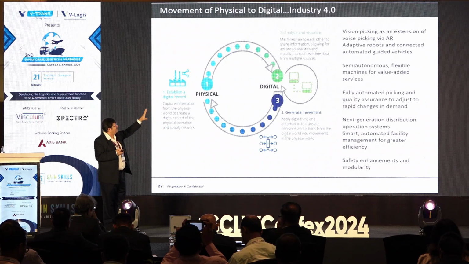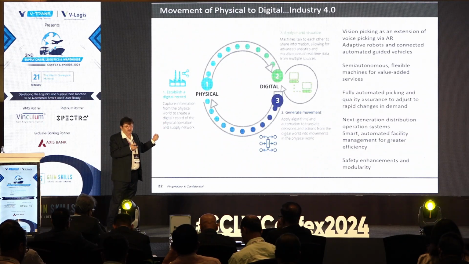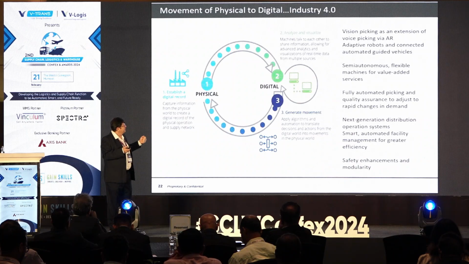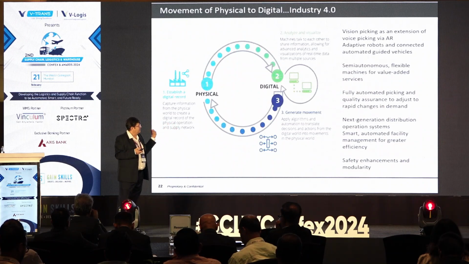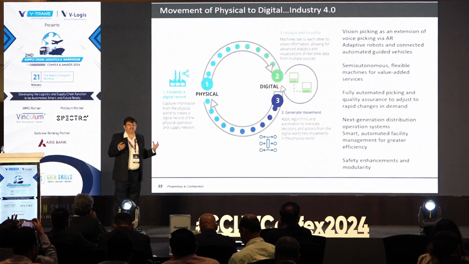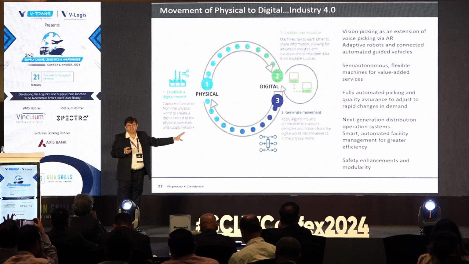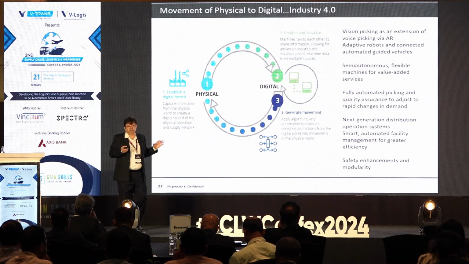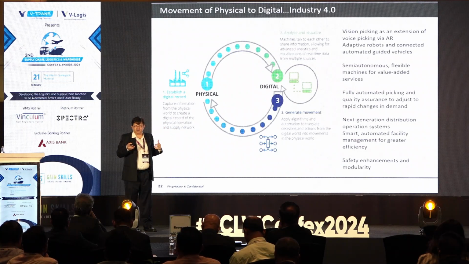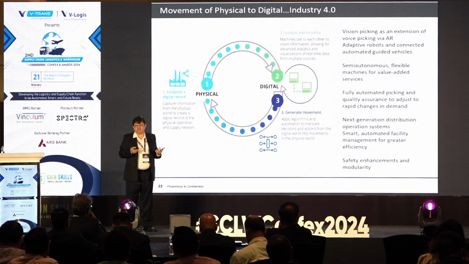So while we had those manual pick lists and all of that getting automated, you have flexible machines for value-added services, fully automated picking, next-gen distribution operating systems, and you have safety enhancement. The most important piece is the safety part, because in this world, now that we have started realizing how important safety is for our business continuity.